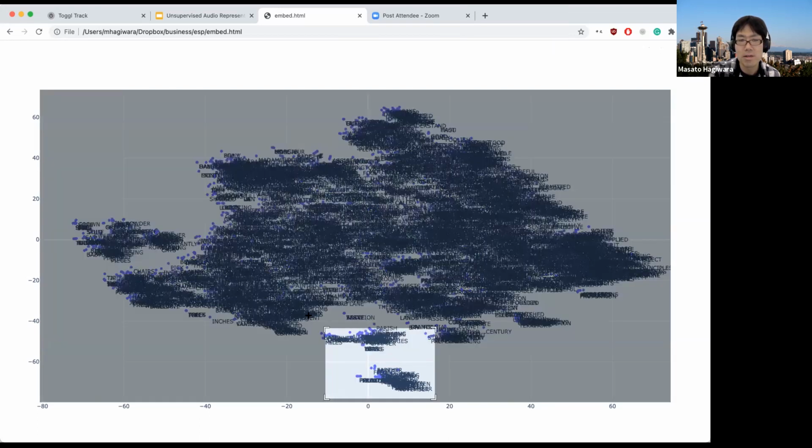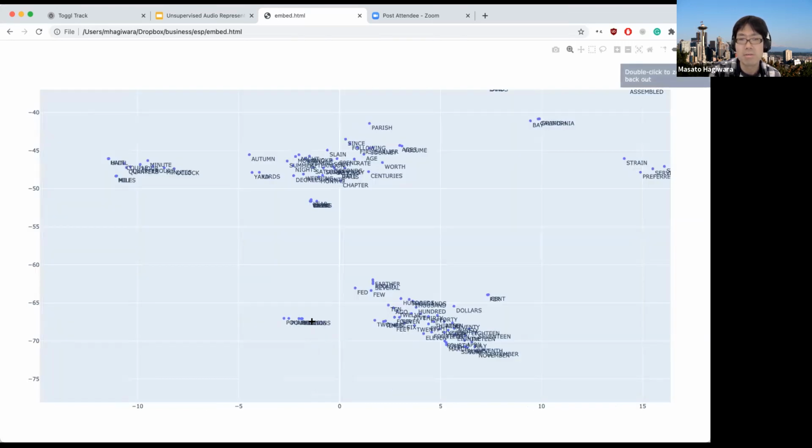you find, I think this is most interesting. You see words like few, several, and these are francs, million, pounds. These are like money, currencies, and you have a bunch of numbers here. So what you're seeing is this transformer model was able to cluster numbers purely from audio, purely from the Morse code.